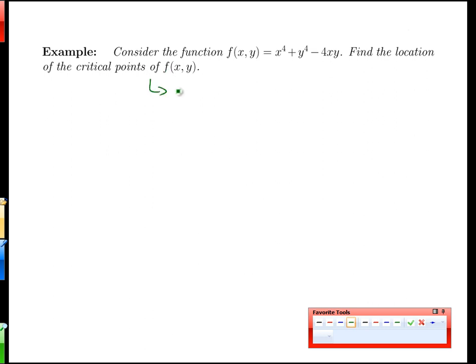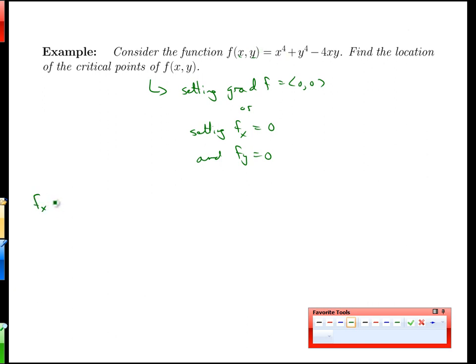And what that means is setting grad of f equal to 0, 0, or, if you like, setting fx equal to 0 and the y partial derivative equal to 0 as well. Okay, so that's our goal if we're going to identify critical points, which are potential mins and maxes, and we just go ahead and do that.